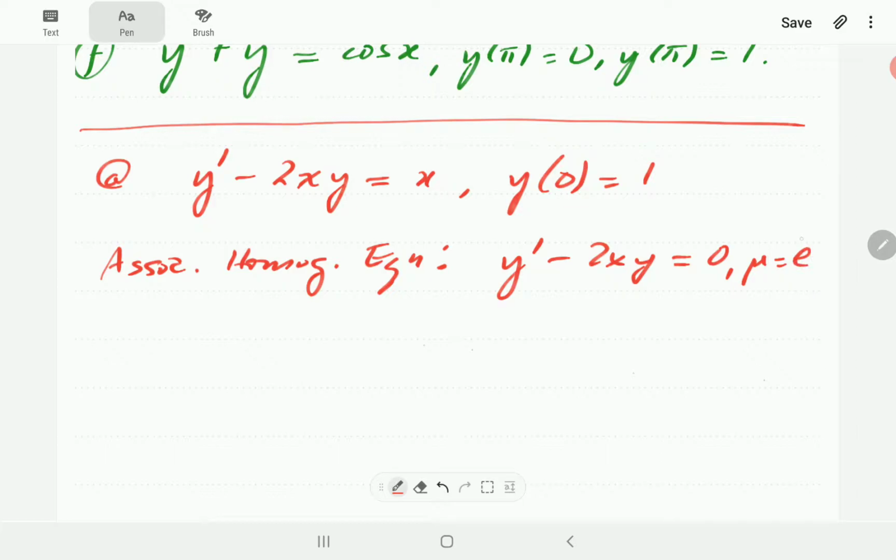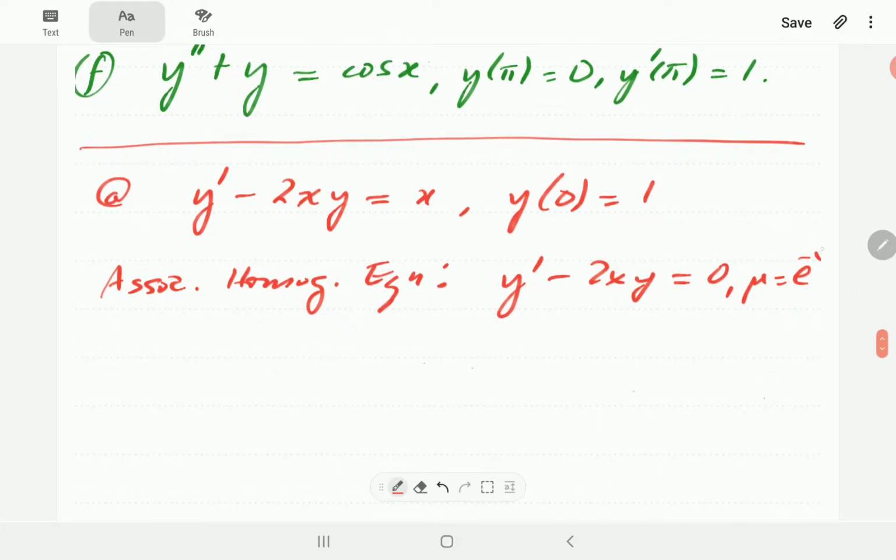The integrating factor is simply going to be e to the minus x squared. Multiplying the ODE by this is going to give us y e to the minus x squared, prime, is equal to 0.